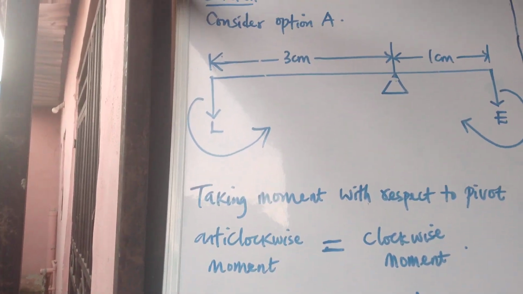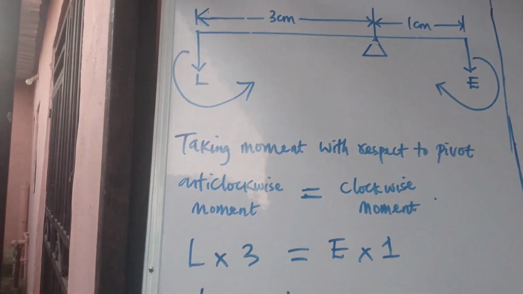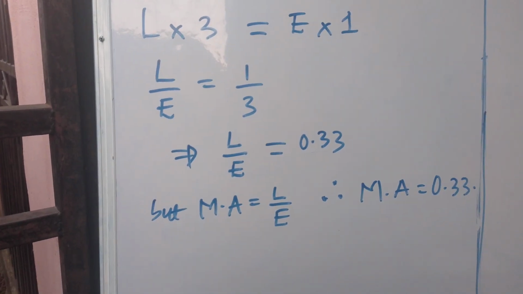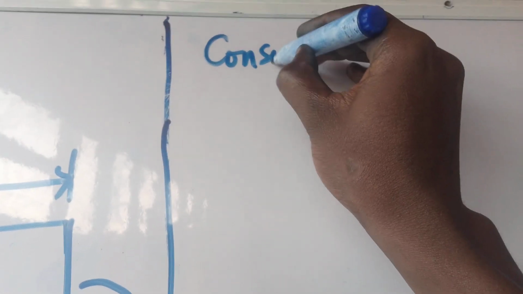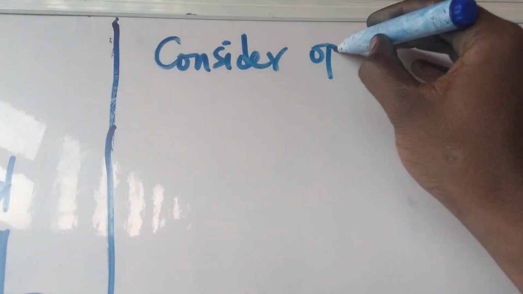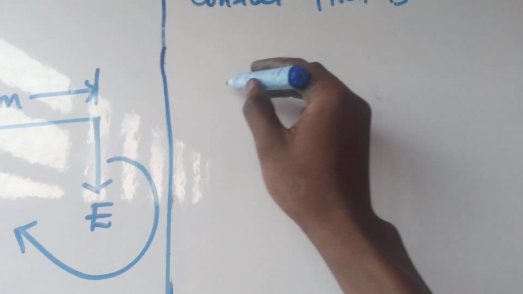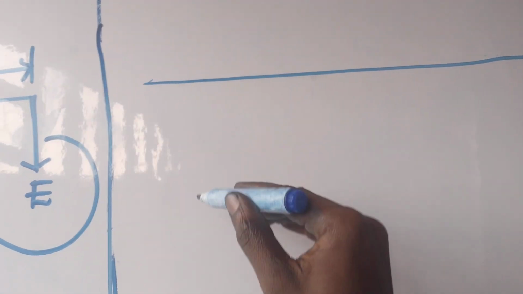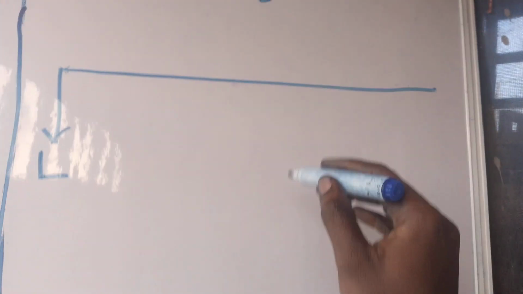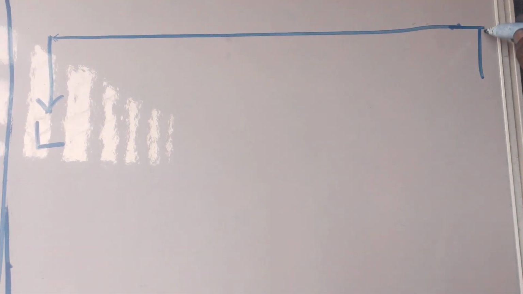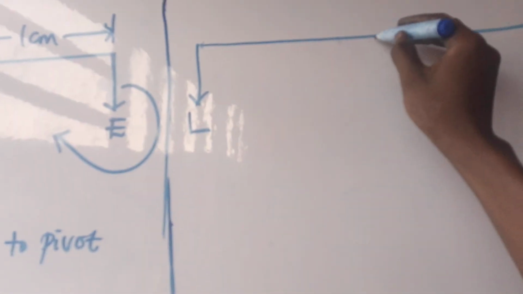Now let's look at the next option, option B. Quickly, let's consider option B. This is the load, and this is the effort E, and the fulcrum is at the middle.